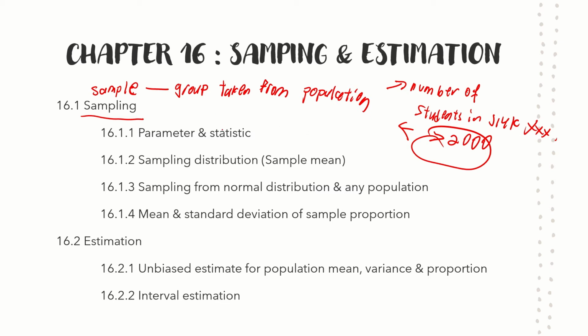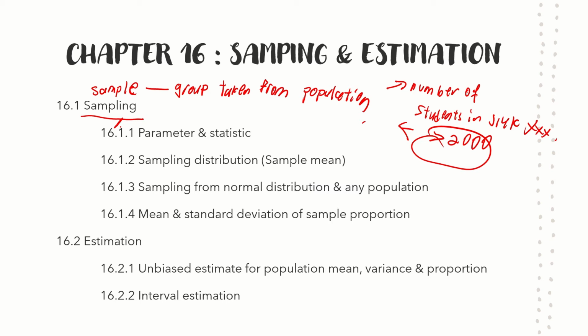So maybe sample 1 is 500, sample 2 is 200, sample 3 is 400. We have many kinds of samples because the sample is randomly taken from the population. One population can have thousands and thousands of types of sample. Okay, this is the definition you have to know.